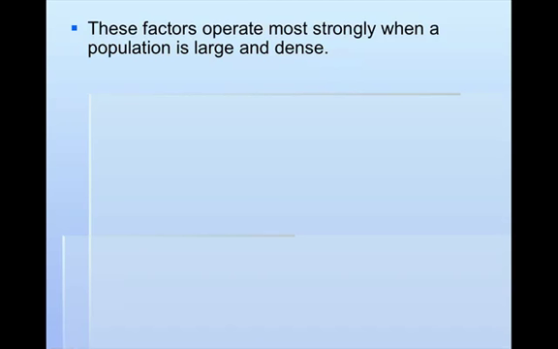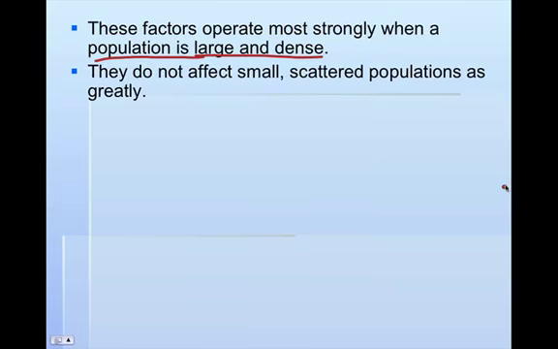These factors operate most strongly when the population is large and dense. So the population here has to be large and dense. They do not affect small scattered populations as greatly. This is one key point to remember.